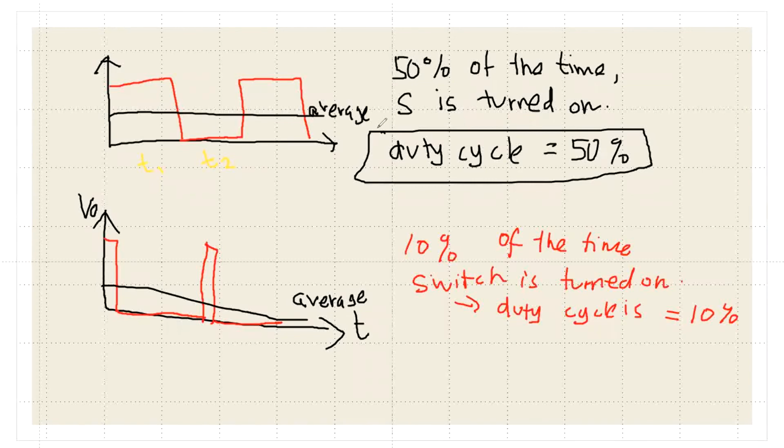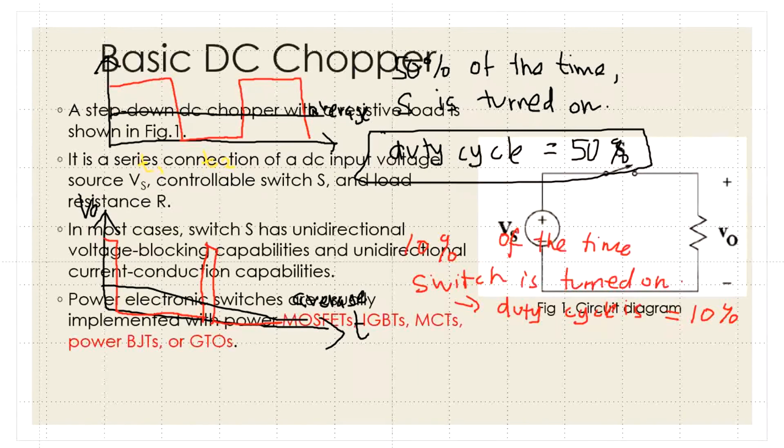So what I want to say is that by changing the rate at which the switch is turned on and off, you can change the average value over here, and at the same time you are changing the output voltage. What do you call this one? DC chopper.